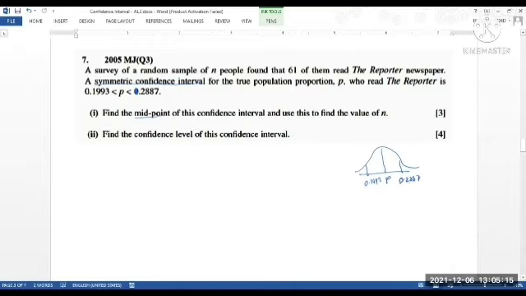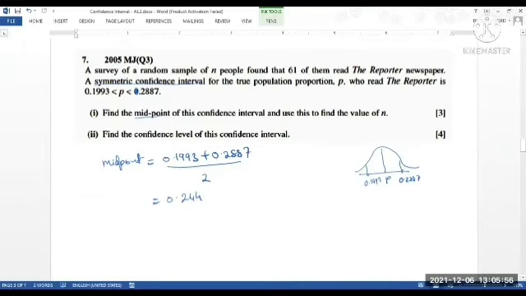So to find the midpoint of this, midpoint will be adding up both the limits and then dividing it by 2. That will give you 0.244.